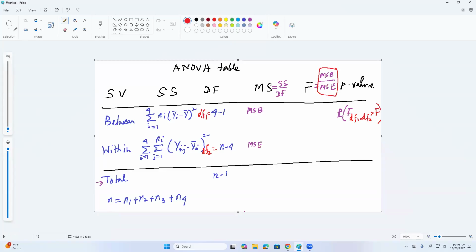That is your p-value. Once you have the p-value, if it is very small, you reject the null hypothesis. If it is not that small, you fail to reject the null hypothesis. It is that simple.